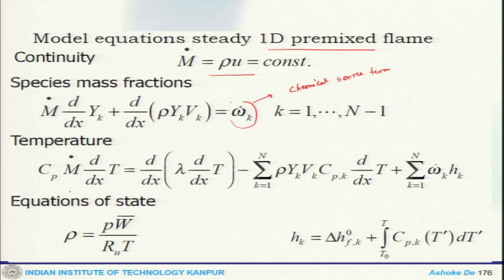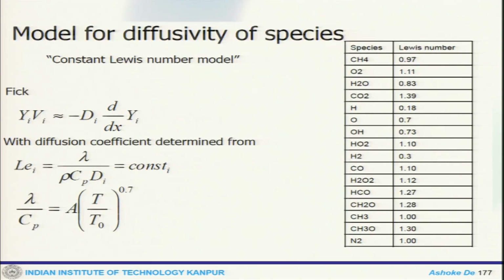So we write the temperature equation there, and then to close all these above equations, we require an equation of state where pressure and density are coupled, and then the enthalpy, which has an enthalpy of formation and the other part. Now one of the things which is required is the diffusivity of the species.